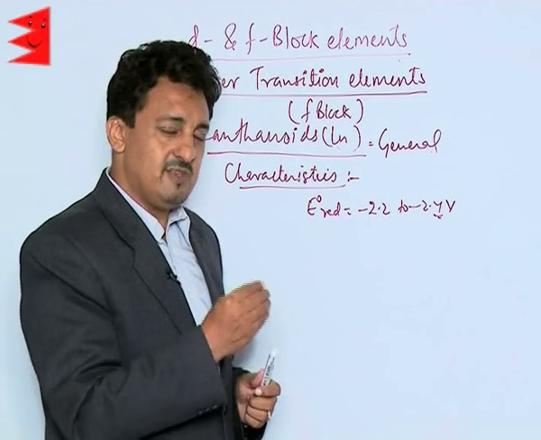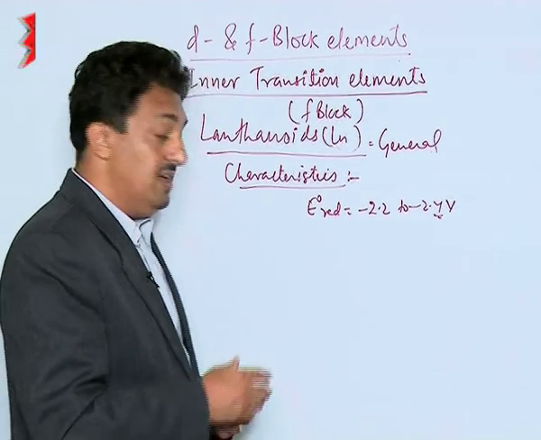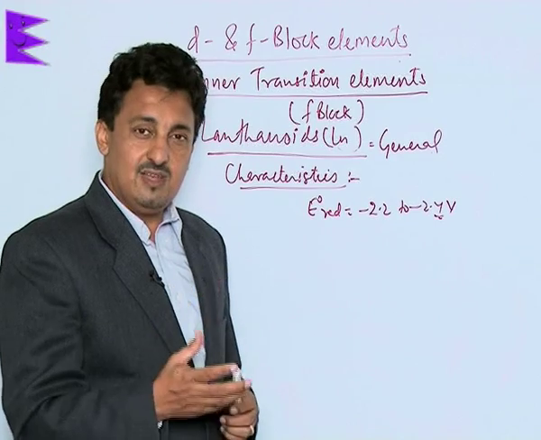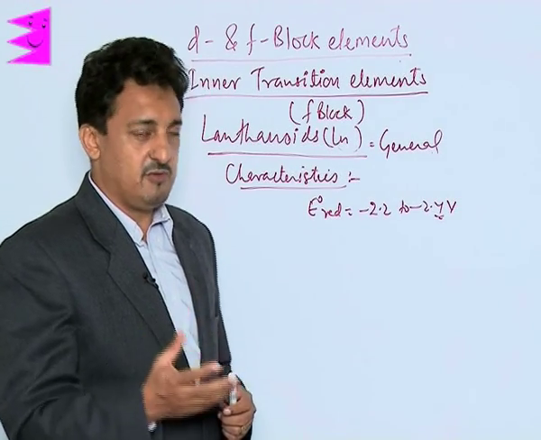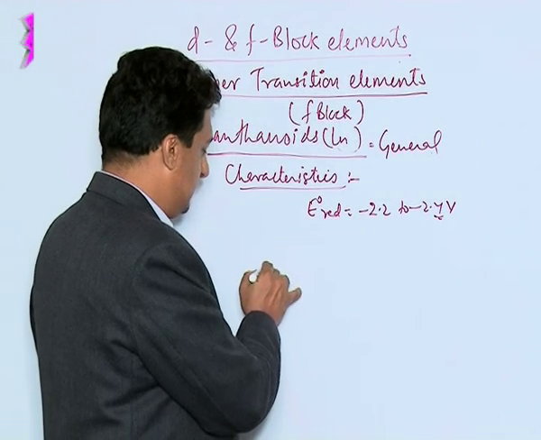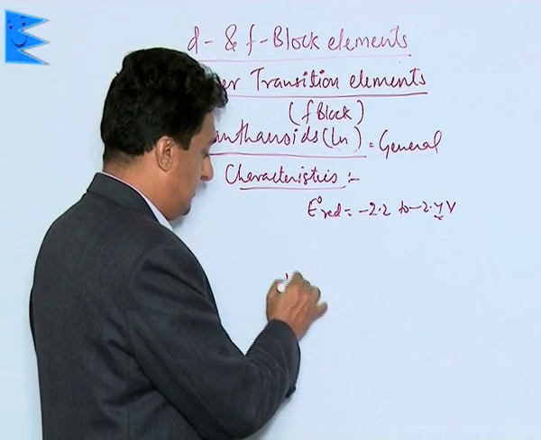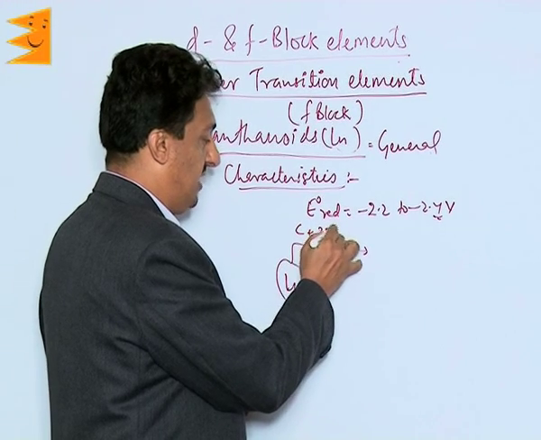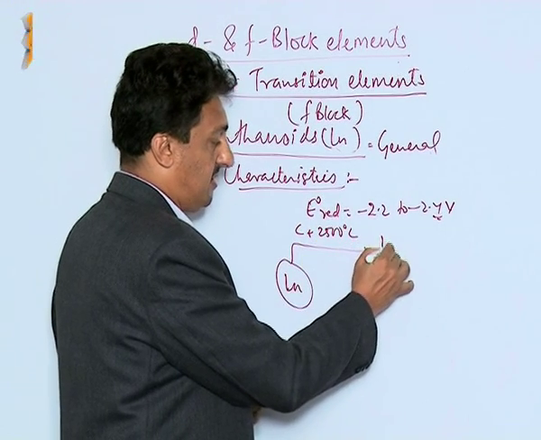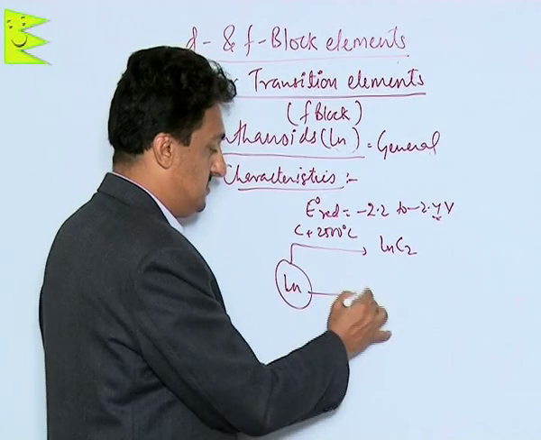Then let us talk about their chemical properties. They all react with non-metals at fairly high temperature, forming a number of compounds. When a lanthanoid reacts with carbon at around 2500 degrees Celsius, it forms a carbide with the formula LnC2.